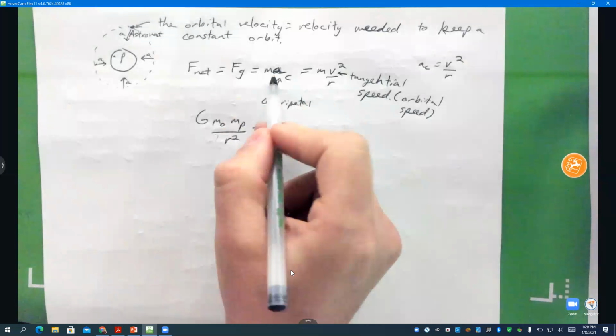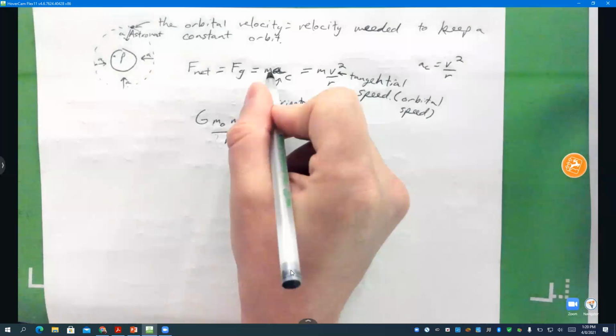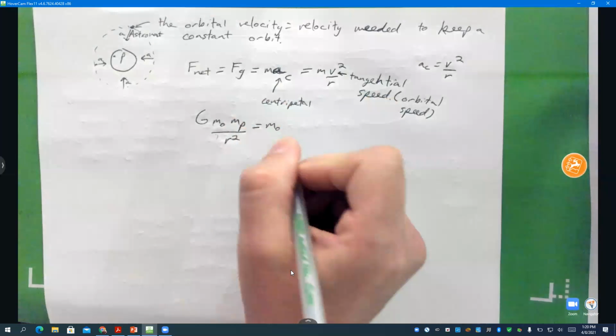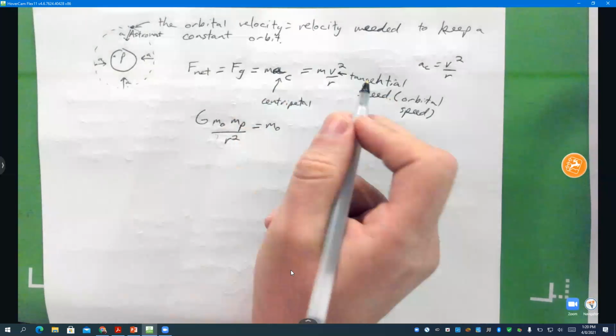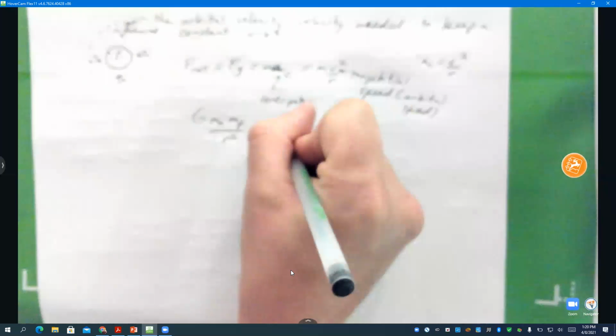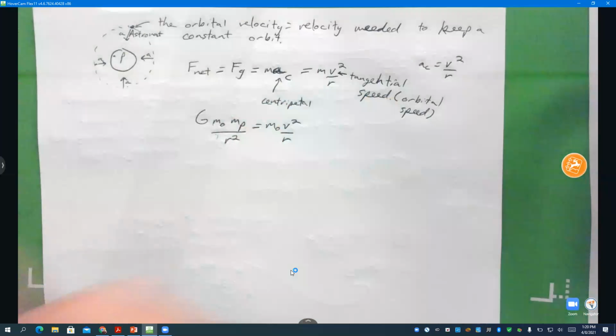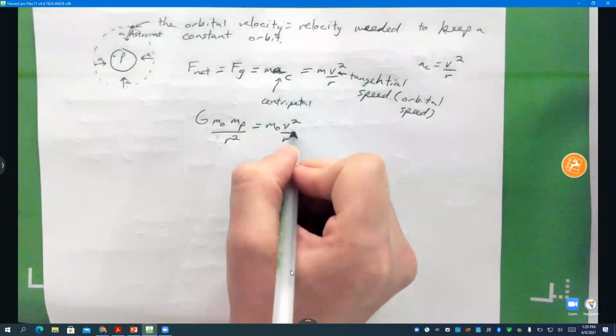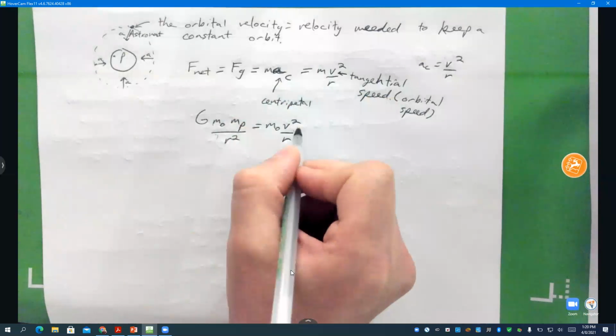And that is going to be equal to the mass of the object times v squared over r.